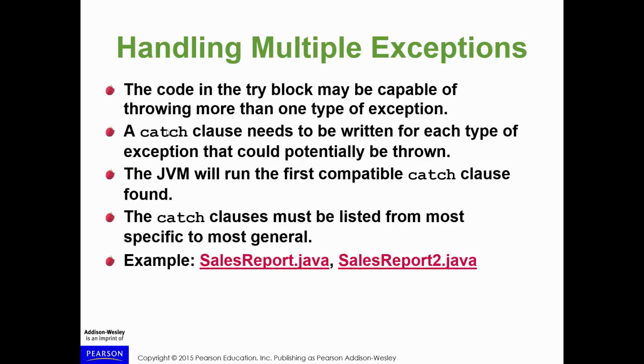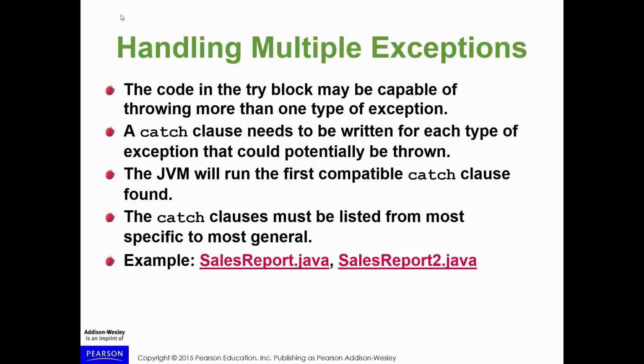If you've got multiple exceptions, what happens is, if an exception is thrown, the system looks for a catch block that can handle it. As soon as it finds one that can handle it, it skips the rest. If it goes through all of the catch blocks and none of them will handle that exception, then it jumps up and says, okay, maybe the method that called this method has a catch block in it.